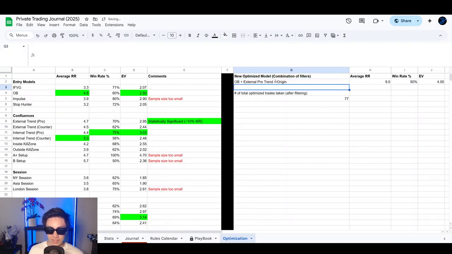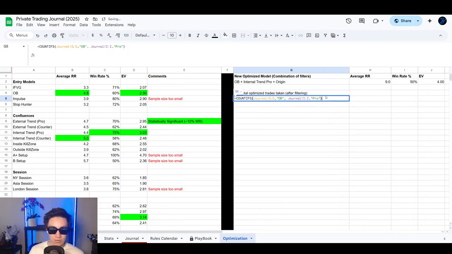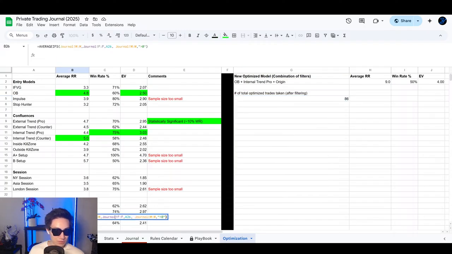So we'll do that. This should be very good here. Let's check this out, guys. OB entry model plus internal trend pro. And for OB internal trend, we want to be doing pro because that's the highest EV in total. And then lastly we want to be incorporating the Origin here, which is A26.